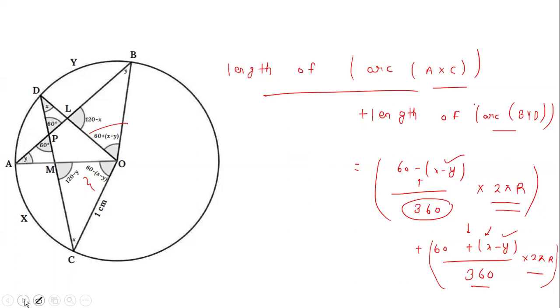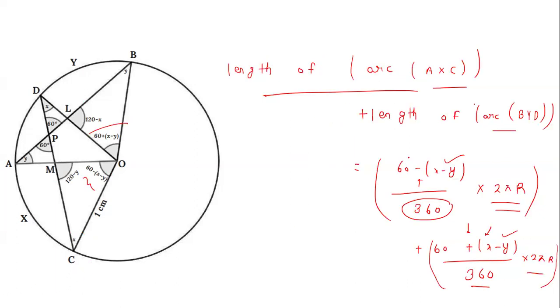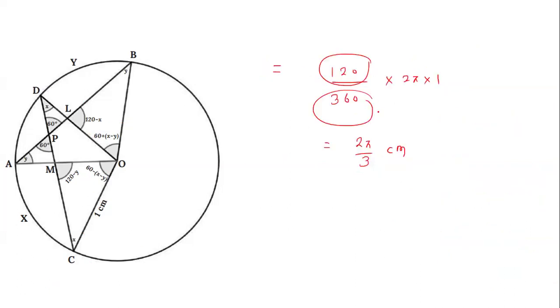So this will cancel and it will become 120 divided by 360. 60 will come from here and 60 from here, and this is 360 and the r value is given in the problem as 1. So it will simply be 2 pi by 3 centimeters. So in this way we can calculate the sum of the arcs AXC and BYD. So in this way we can solve this problem. We will meet in the next video.